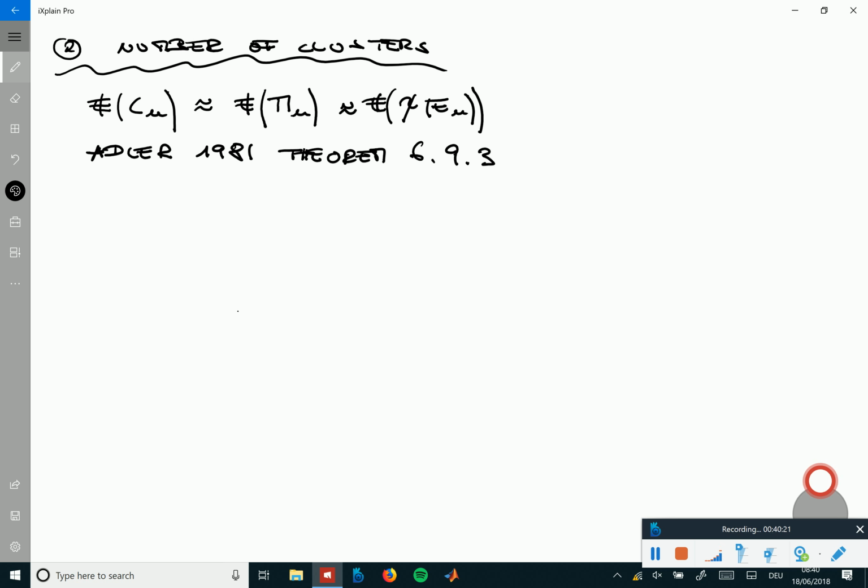But Adler writes that this number is essentially the same as the number of components of the excursion set. Because the number of components in the excursion set and the number of local maxima above u are essentially the same numbers, they should have the same limiting distributions for high values of u. And then he writes that this, however, has never been rigorously proven. Now, Friston, 1994.